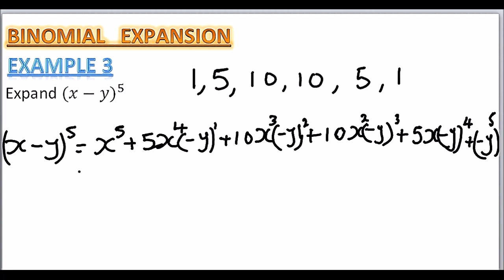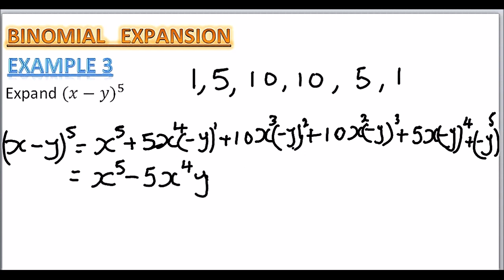Now we expand, this is equal to x raised to power 5. Now this is minus y, so minus y raised to power 1 will give us a minus sign. So here we have minus 5 x to power 4 y.